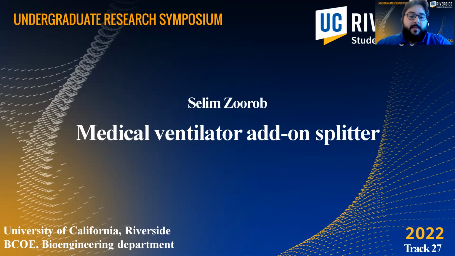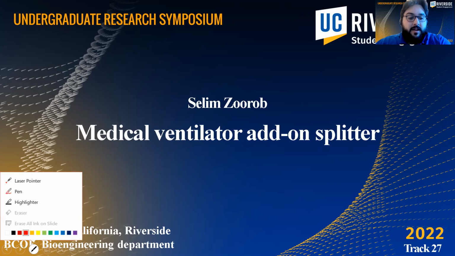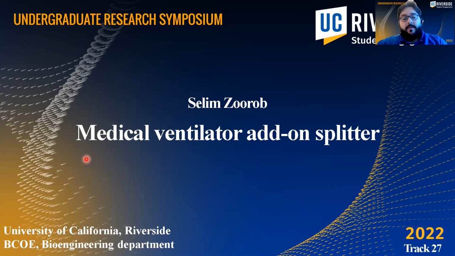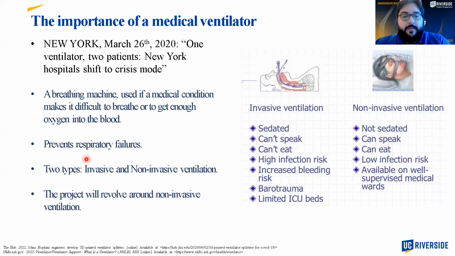So my project is about a medical ventilator add-on splitter, and I'll be going over some background information for introducing what I've been researching. The main project was inspired by an article I read back in 2020, where hospitals in New York were so impacted that they had to split a medical ventilator into two patients.